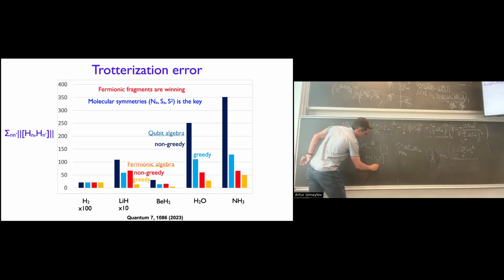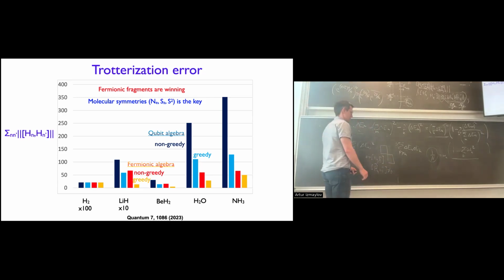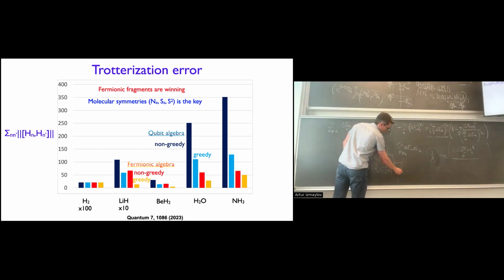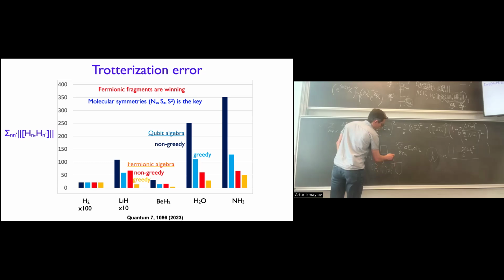But commutation with symmetries allows you to say that the Hamiltonians have a block-diagonal structure, and these blocks correspond to different irreducible representations of the symmetry groups, right? So the blocks are not coupled.